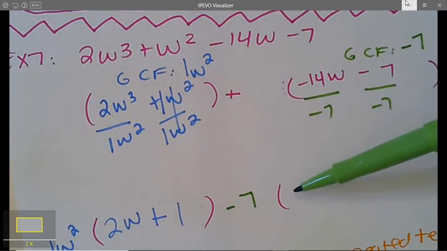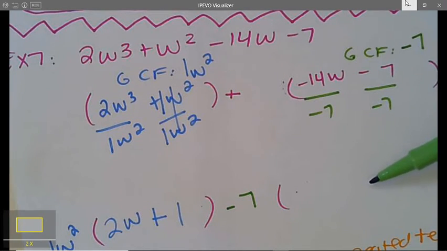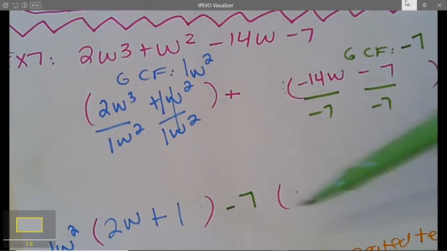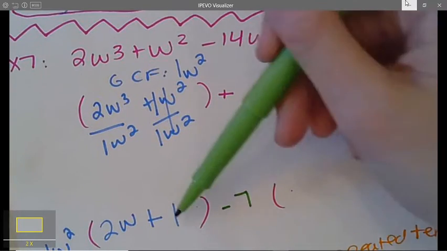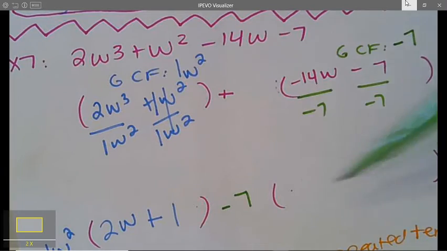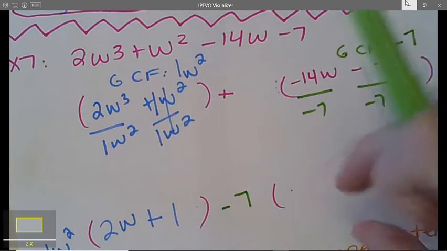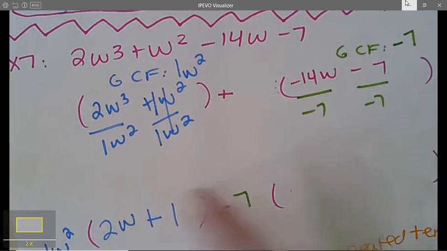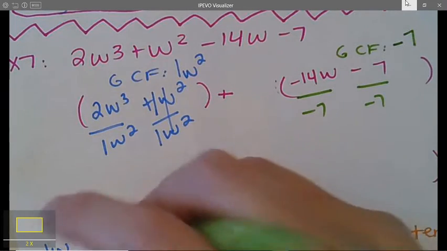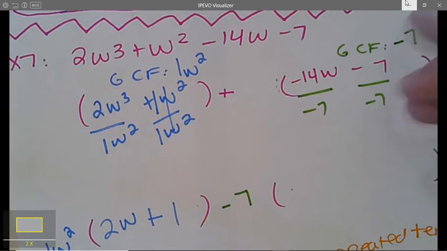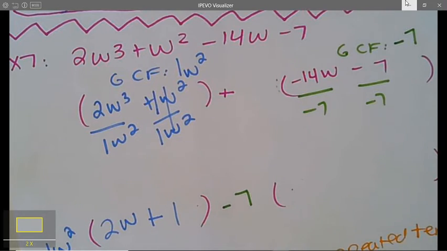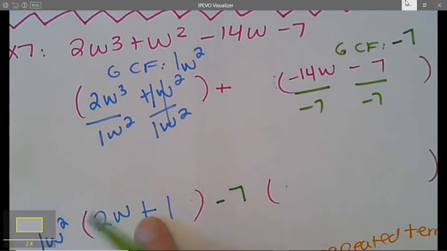You would have ended up with a negative 2w minus 1. So you would have ended up with the same thing as over here, except your signs would be the opposite. 2w would be negative 2w, and 1 would be negative 1. If you ever end up with your second parentheses being exactly like the first one, just opposite signs, that is not okay. You still need them to be the same exact thing. That is giving you a hint that you should have also factored out a negative 1 to transform all the signs to be the same as this one.